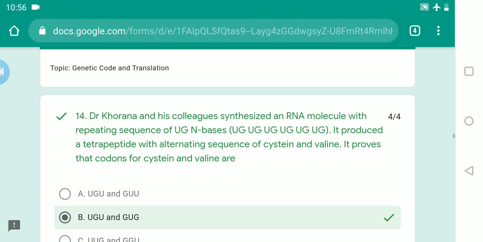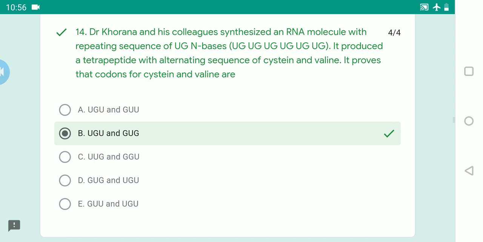The next one. This question is related to the genetic code and translation. This is purely related to the discovery of the genetic codons. Dr. Khorana and his colleagues synthesized an RNA molecule with repeating sequences of UG bases, that is uracil and guanine combination. It produced a tetrapeptide with alternating sequence of cysteine and valine.